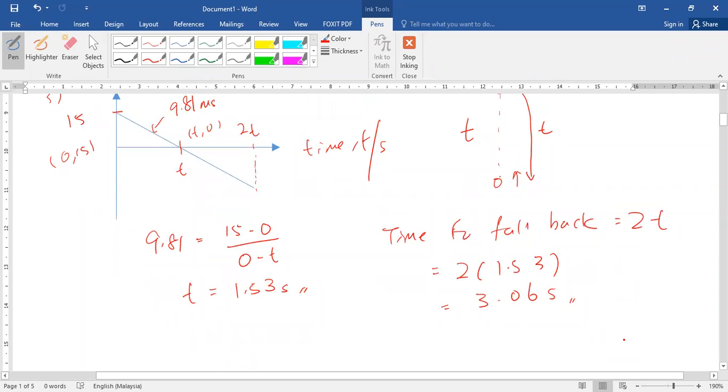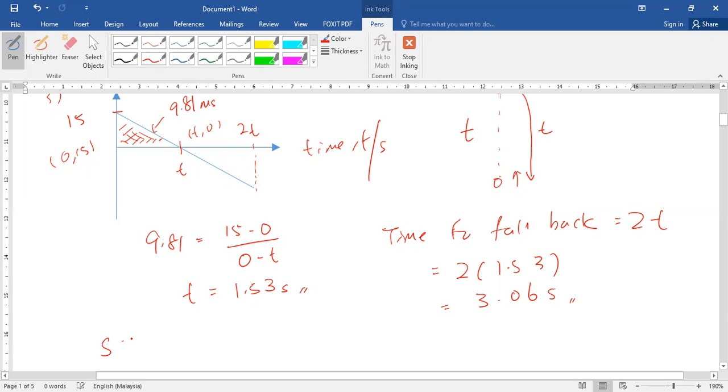And for the maximum height, we find the area of this triangle. This part will be positive, this part will be negative. If we find both, it will become 0. So we just find one part only.